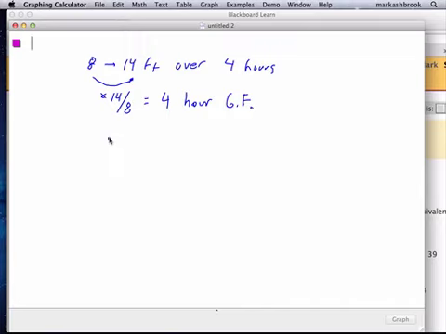Okay, and so then we want the hourly growth factor. If the hourly growth factor is b, then what would b times b times b times b equal? That would be b to the 4th. And what would that equal? Multiplying the hourly growth factor together 4 times would be the same as multiplying by what?